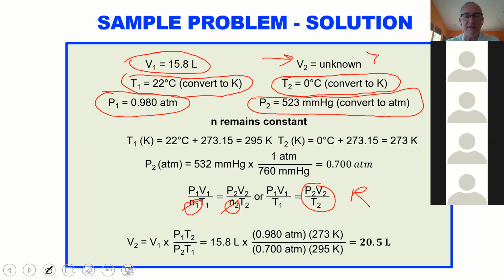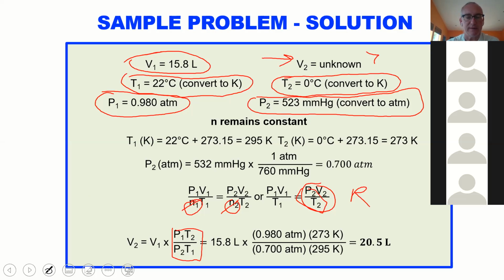So to solve for V2, we just move pressure and temperature over. So V2 will equal V1 times P1 T2 over P2 T1. Basically, the ratio of the pressures and the ratio of the temperatures.